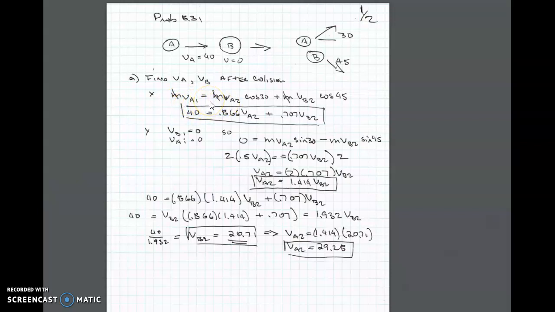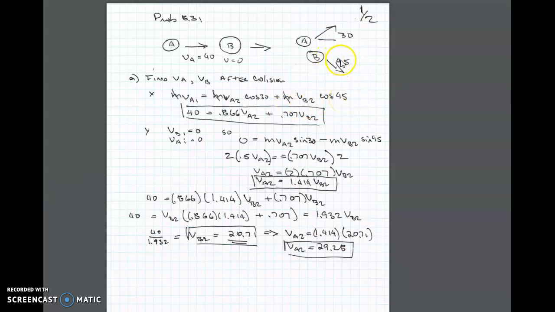That's got to equal, and this is a vector quantity, so this is in the x direction, M V_A2 times the cosine of 30, because this is in the horizontal direction, plus M V_B2 times the cosine of 45.